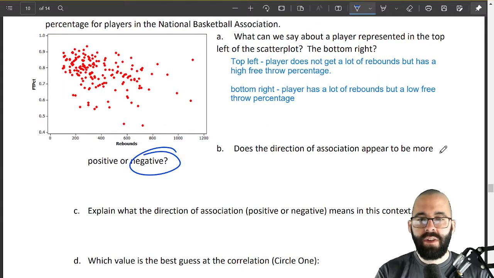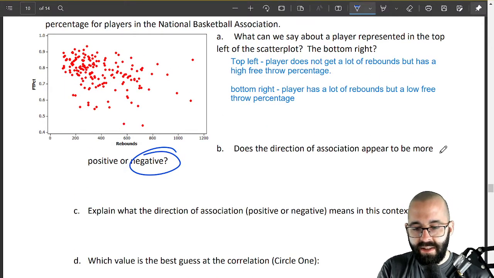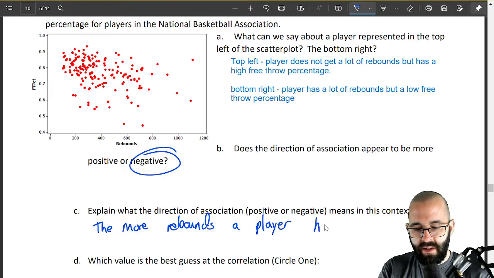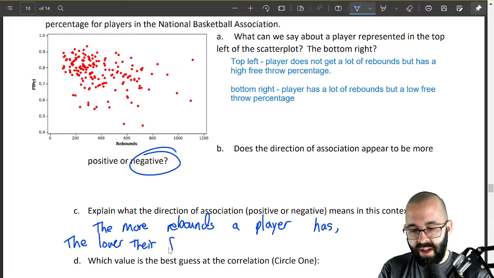Explain what the direction of association means in this context. That the more rebounds the player has, the lower their free throw percentage tends to be.